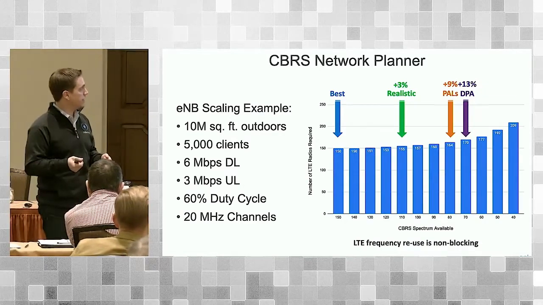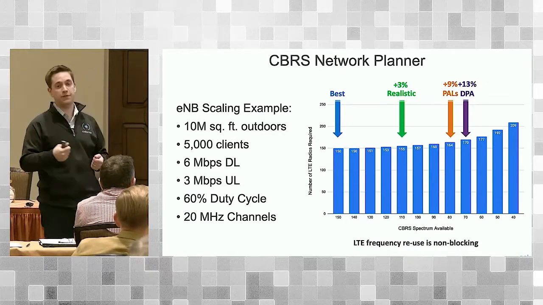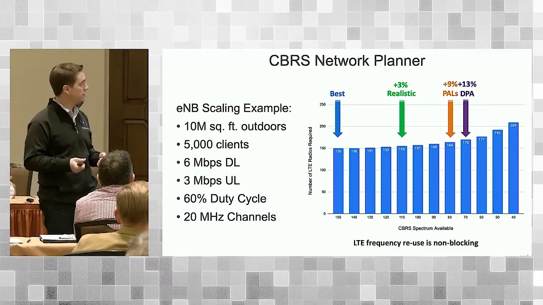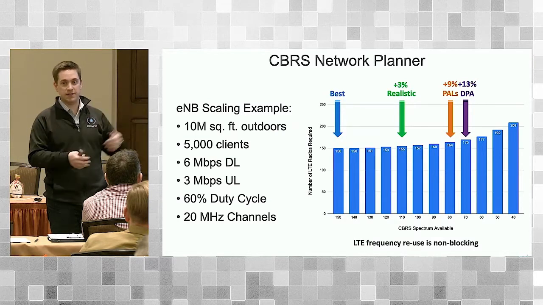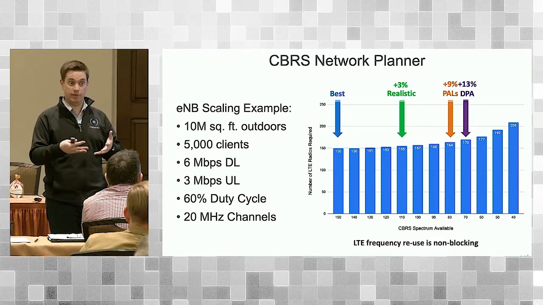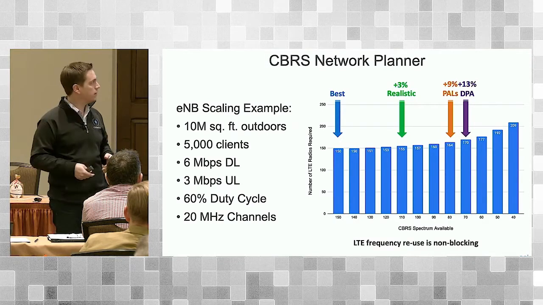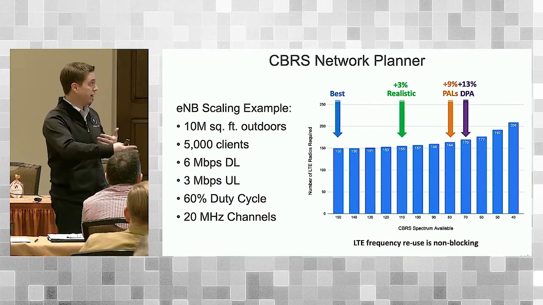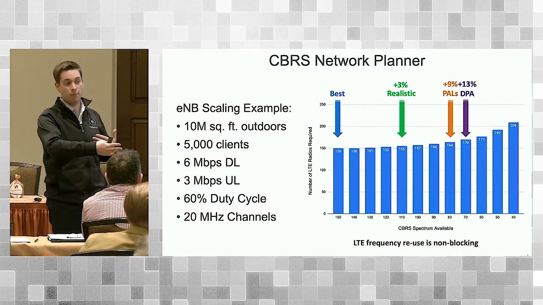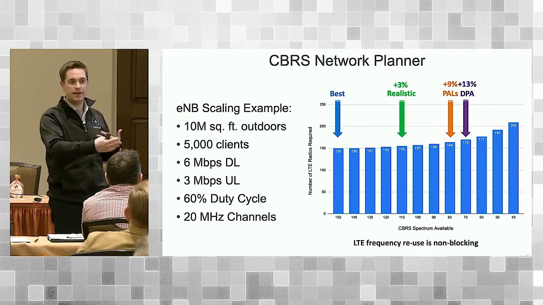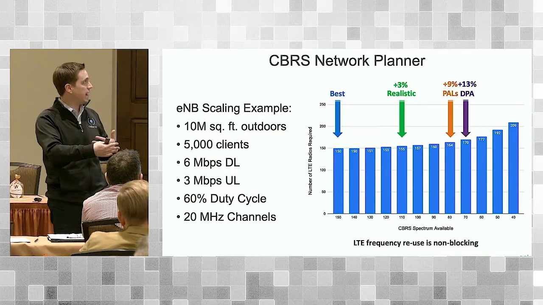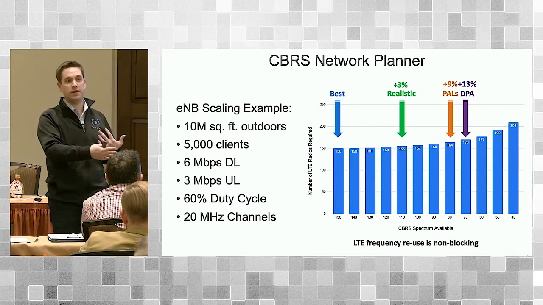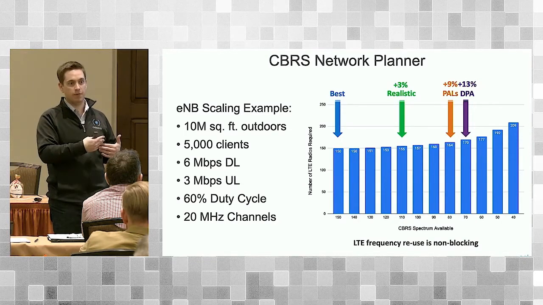For more conservative use cases, if all the PALs are taken or if you're in a DPA area with incumbents, you start to have that hockey stick effect once you get down to really low amounts of spectrum, because the frequency reuse just gets really tough. But for most use cases, even if you're conservatively planning for all PALs to be taken, there's not a huge impact on the number of radios you need to plan for. Potentially 9 or 10% more radios than you would otherwise plan for.